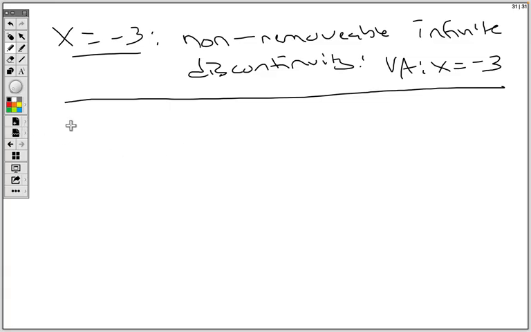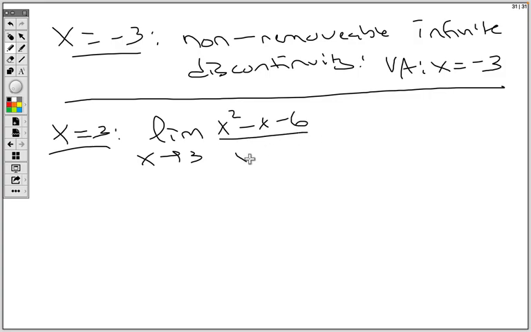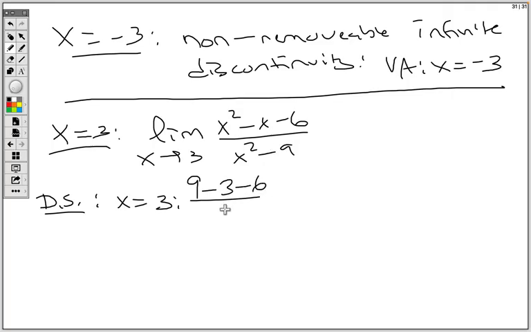So now let's look near x equals 3. Once again, we try direct substitution to see what we're in for. And here, when you plug in 3 in the numerator, we get 3 squared, which is a 9, minus 3, minus 6. In the denominator, we get 3 squared, which is 9, minus 9.